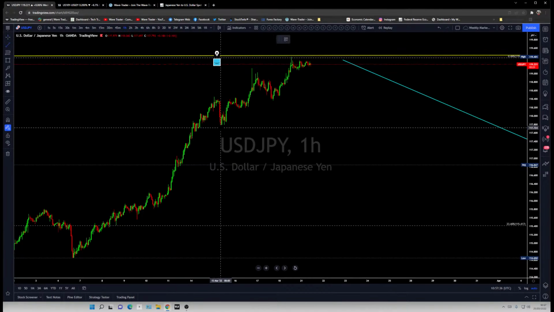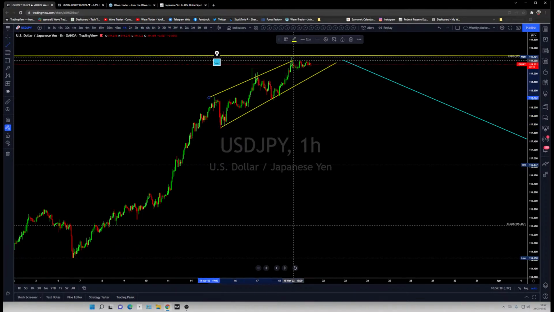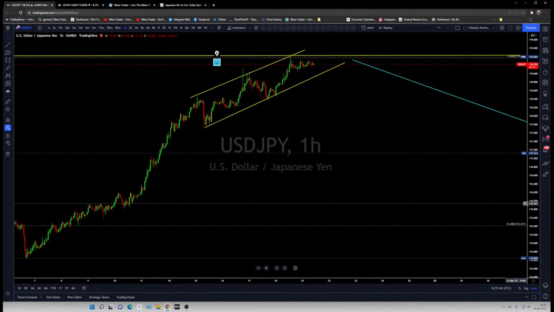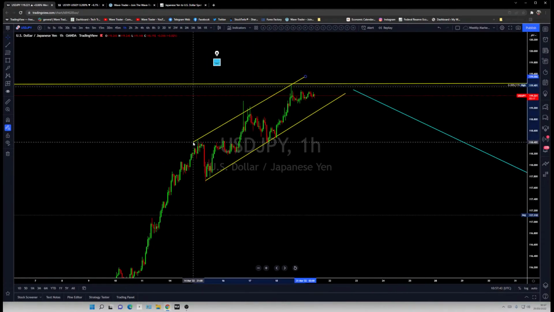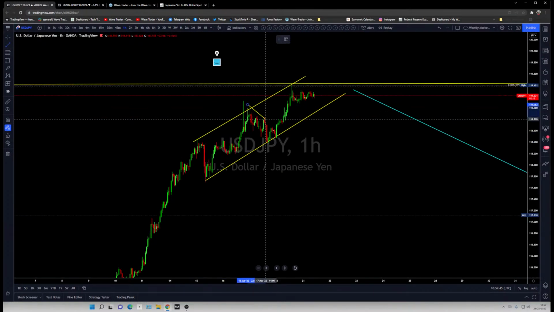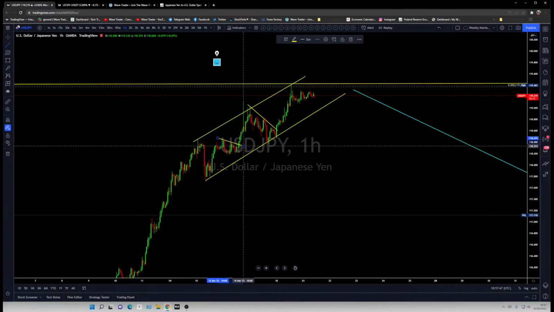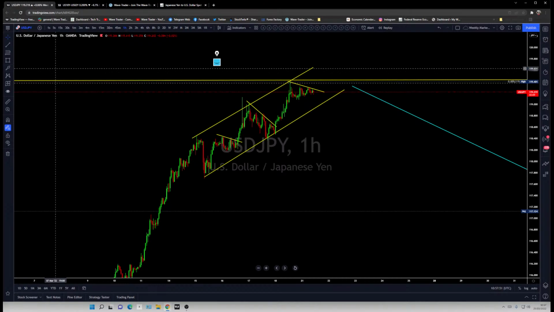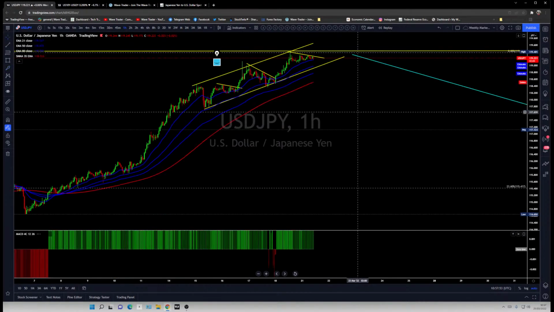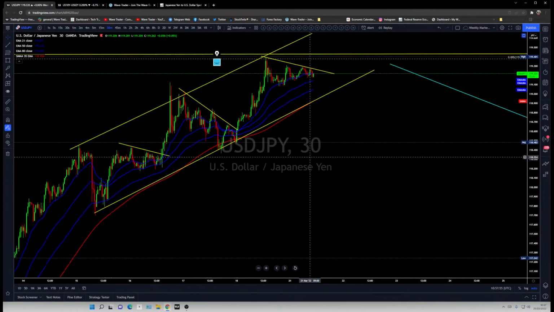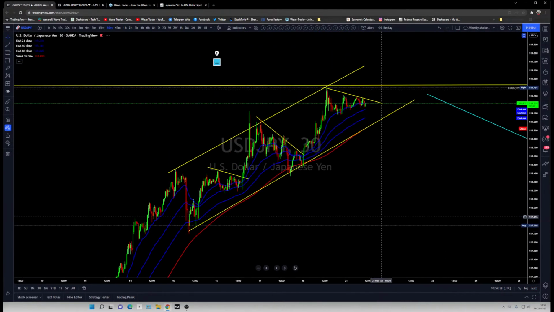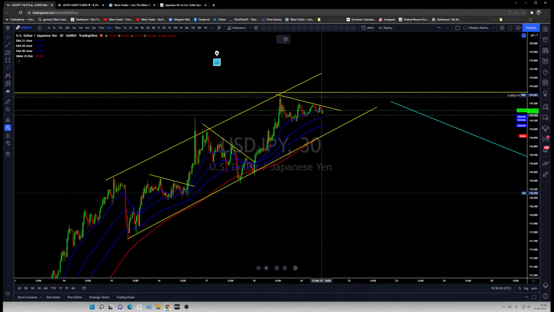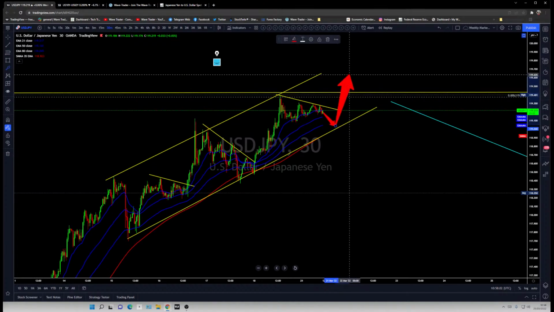It's struggling to push higher, but still bullish. We can see there is no sign at all for a drop on the dollar yen. It's still short-term bullish, staying above the trend. So we may see another small push like that.